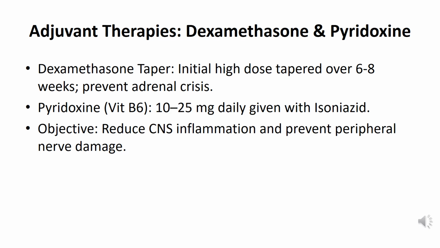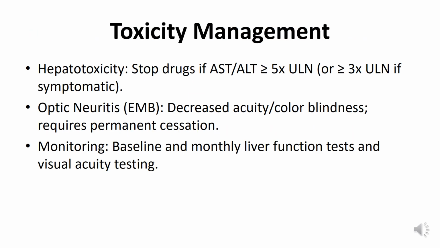When combined with timely diagnosis and effective anti-tuberculosis treatment, these adjuvant therapies can make a meaningful difference in both survival and long-term neurological outcomes. While tuberculosis medications are highly effective, they can sometimes cause serious side effects.